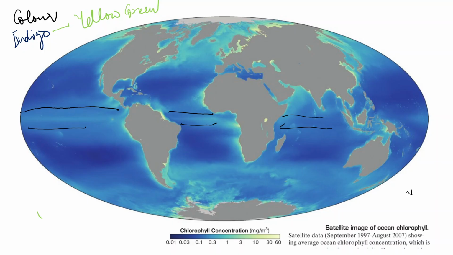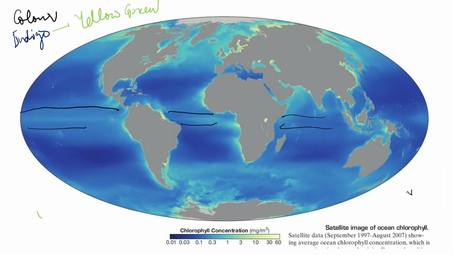So all these regions have higher chlorophyll content, and as a result, the color of the ocean water in these regions will be yellowish green. But if you go towards the open ocean, it lacks productivity but also lacks turbidity. So here it appears indigo blue in color.